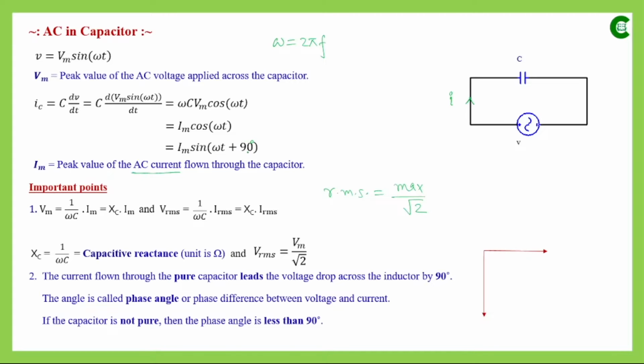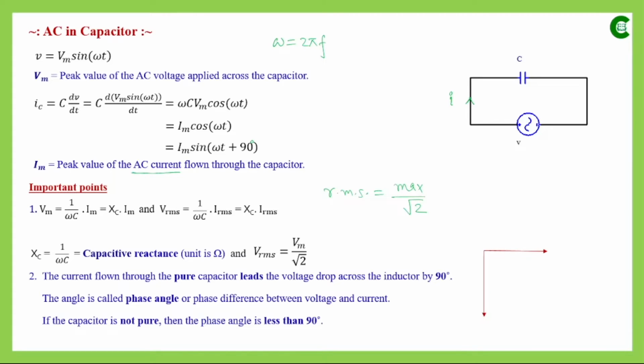As we know, this represents the phase difference between voltage and corresponding current. So in this purely capacitive circuit, we can conclude that the current leads the corresponding voltage by 90 degree or pi by 2. That is another conclusion we can draw for a purely capacitive circuit.